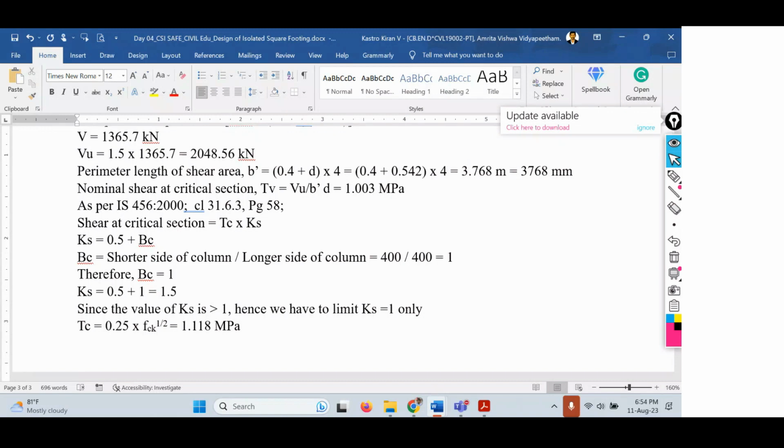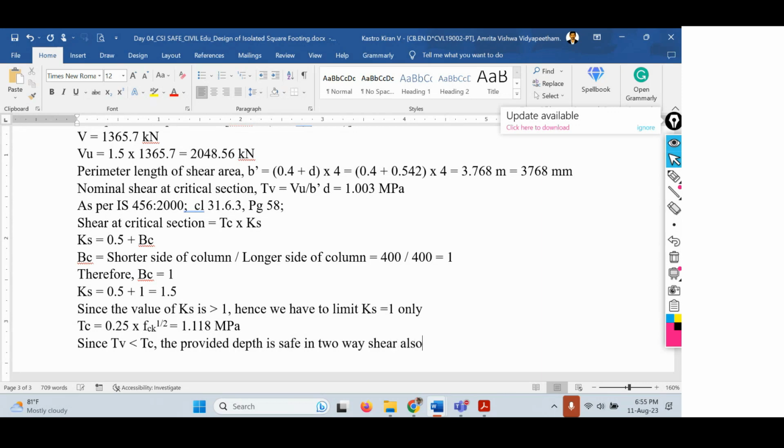So from this we have to verify whether tau V is less than tau C or not. What is tau V value? 1.003. What is tau C value? 1.118. So tau V is less than tau C. What does it mean? Since tau V is less than tau C, the provided depth is safe in two-way shear also.